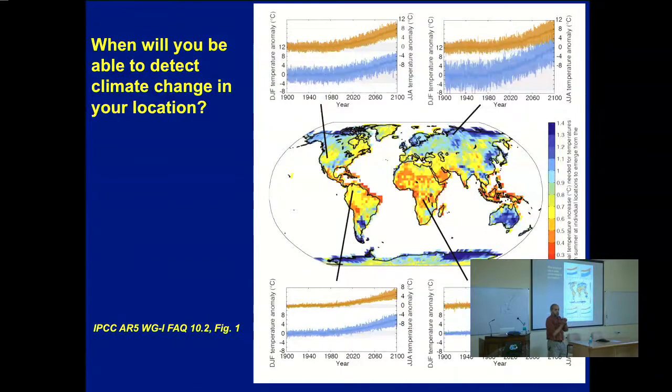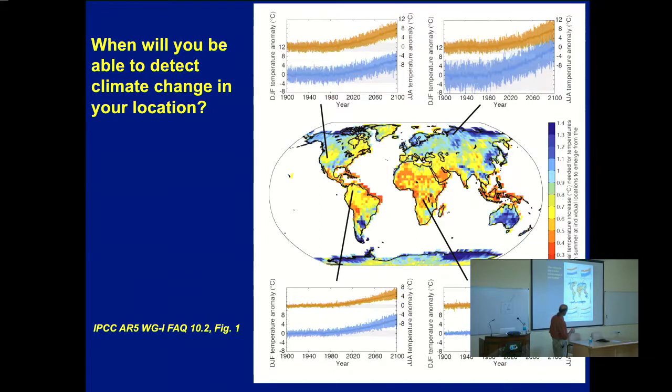So, for me to say some climate change has happened, there's actually a color missing in this plot.